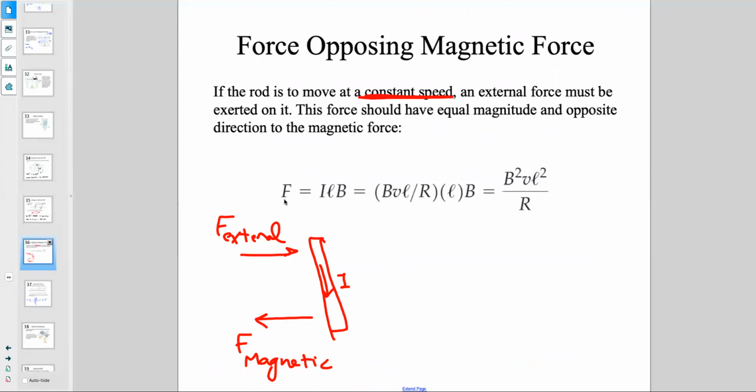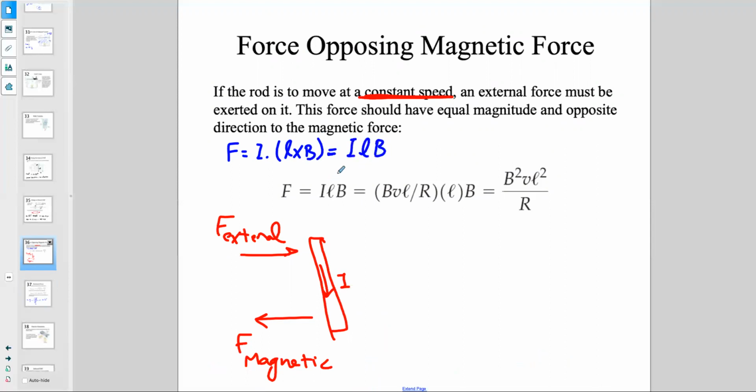So F is I L cross B, okay? Or in this case, since they're all perpendicular to one another, it is I L V, okay?